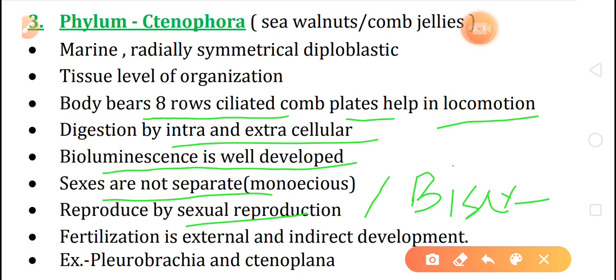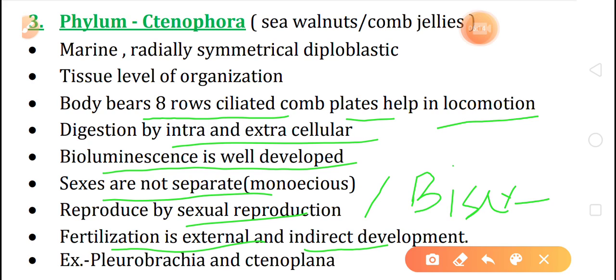Fertilization is external. With the help of water, the male and female gametes fuse together and form a zygote. The development of the embryo is indirect. Indirect means the embryo does not depend on the mother's body. Clear?